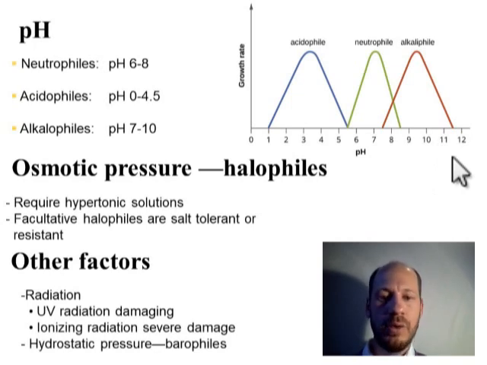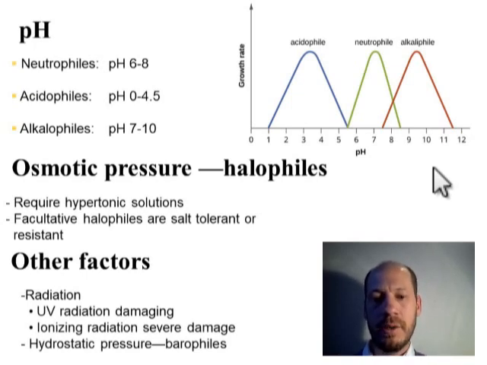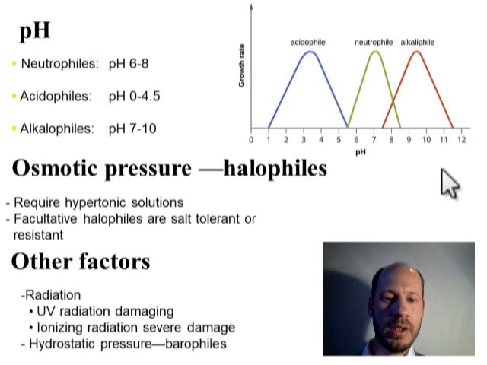And because they do that, they are able to survive in high salt concentration media. These are normally slow-growing microbes, and they use this tolerance to high salt concentrations as a mechanism of colonizing media that other bacteria will not be able to grow in.